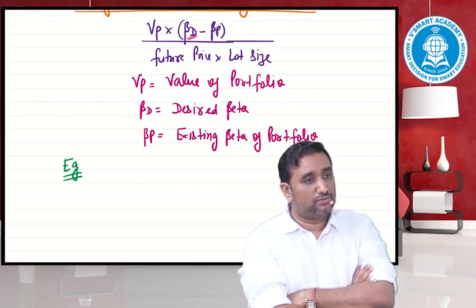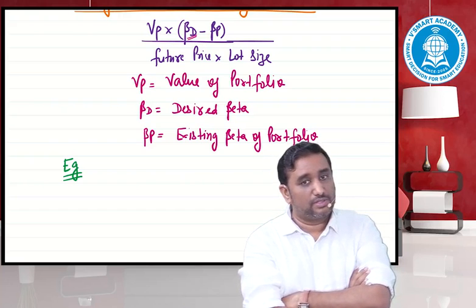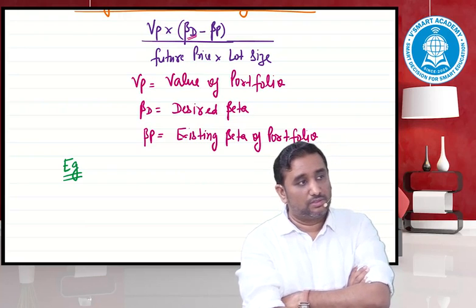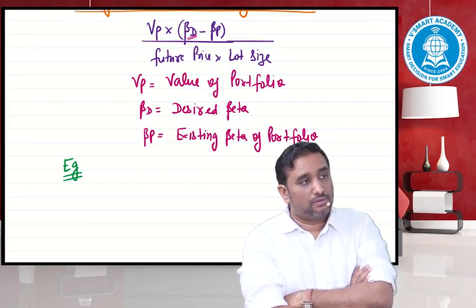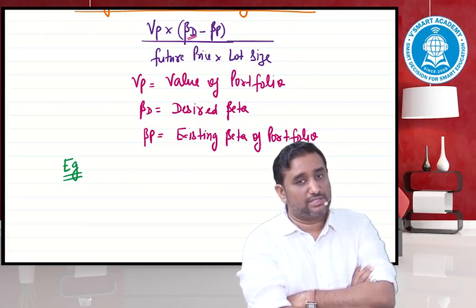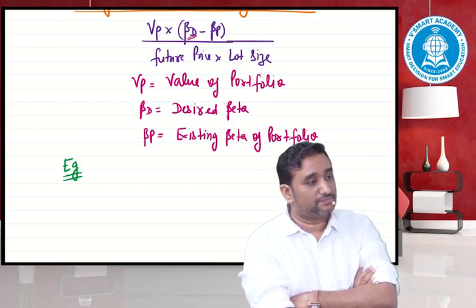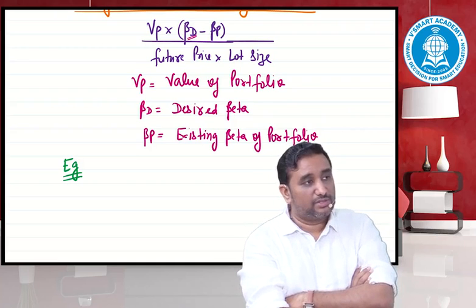Nifty future price is equal to 10,000. Lot size is 100. The data I am reading once again: portfolio is of 100 lakh, the beta of the portfolio is 1.5, Nifty future price is 10,000, lot size is 100.